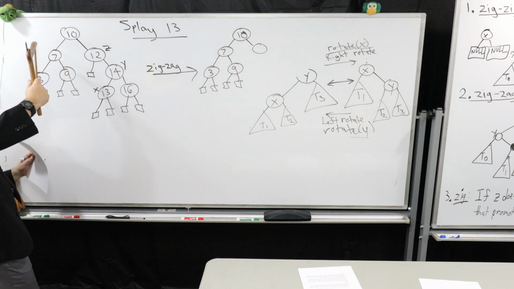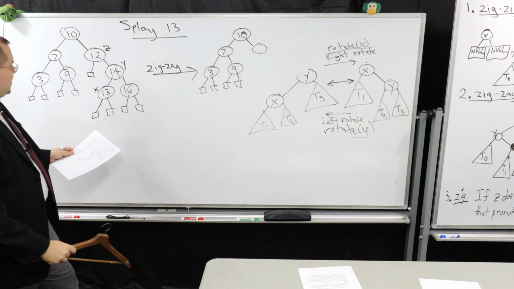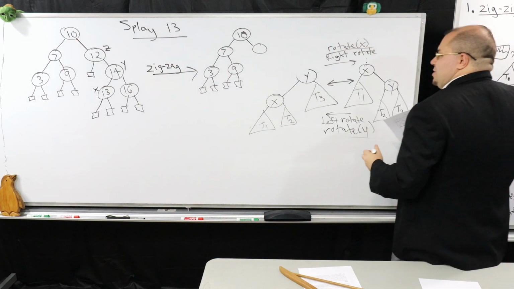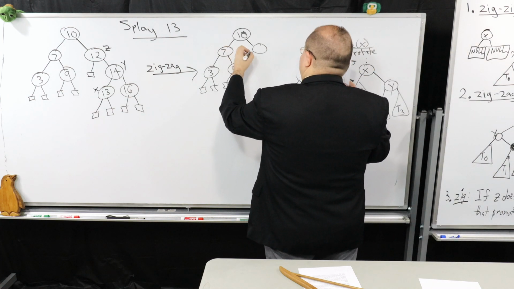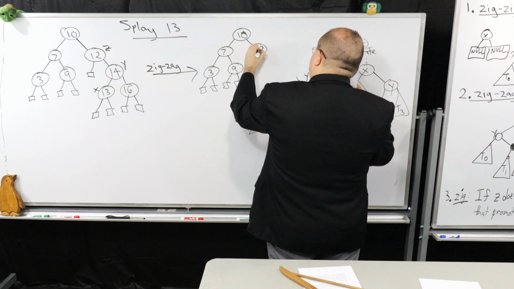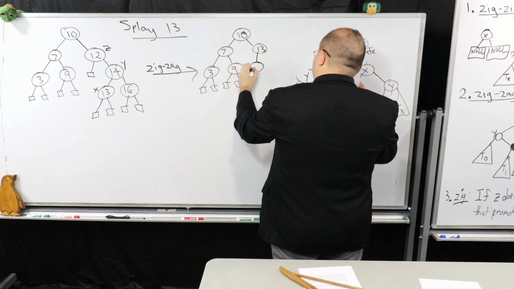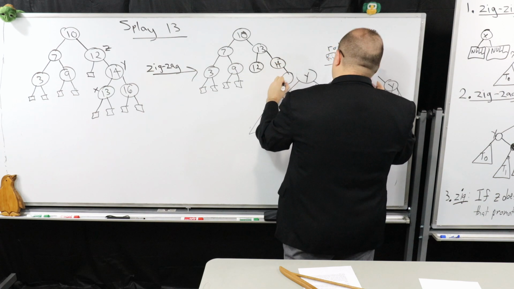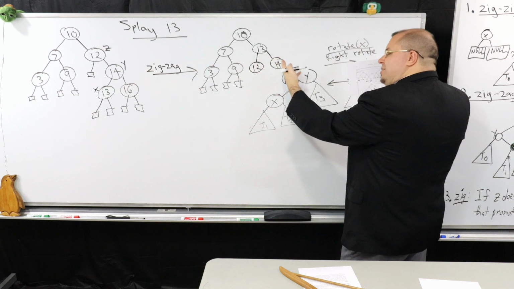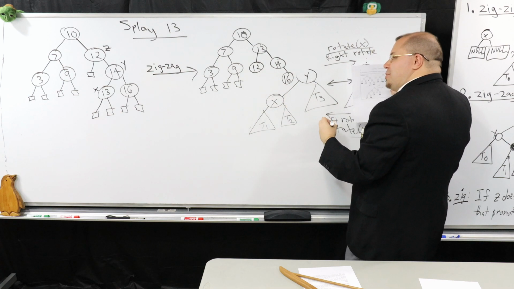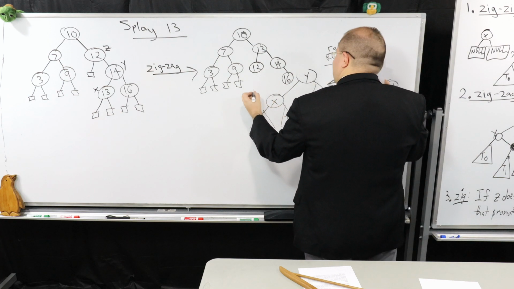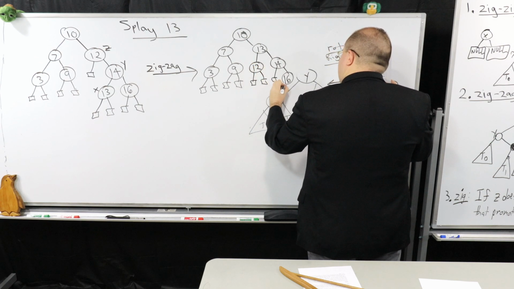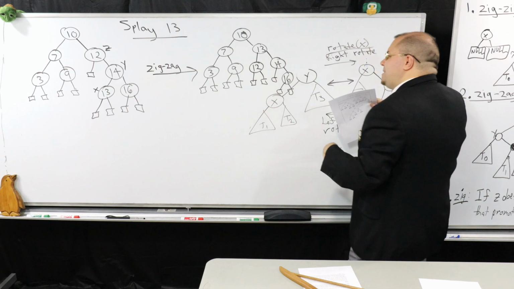That brings the 12 down, and then it grabs onto the other child of 13 that used to be there, which indeed was another one of these dummy nodes. So I end up with 13, 12, 14, 16. Remember, the 16 gets dragged down with the 14 when I promoted 13 in that first rotation. So I have 12, 14, and 16's down here. Am I done yet?